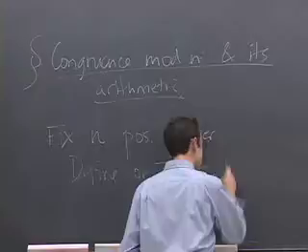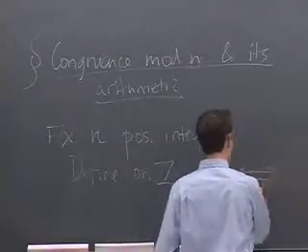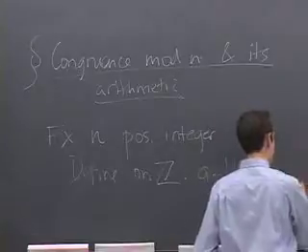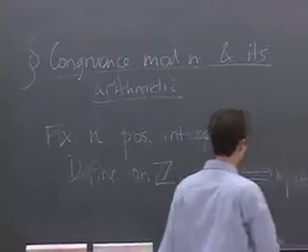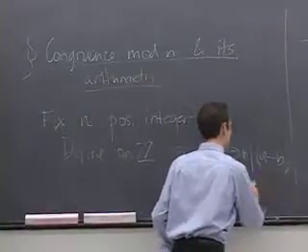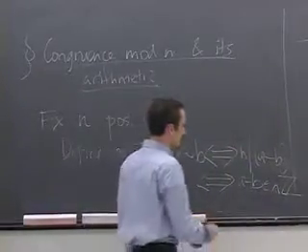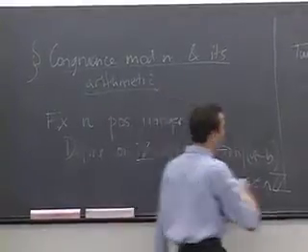So the relation is going to be a is related to b if and only if n divides a minus b. Or, put another way, a minus b is in nZ, the subgroup nZ of the integers, which is just the set of multiples of n.